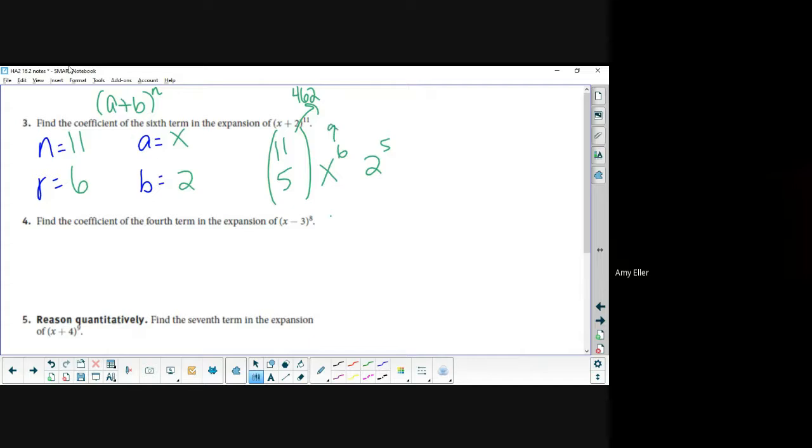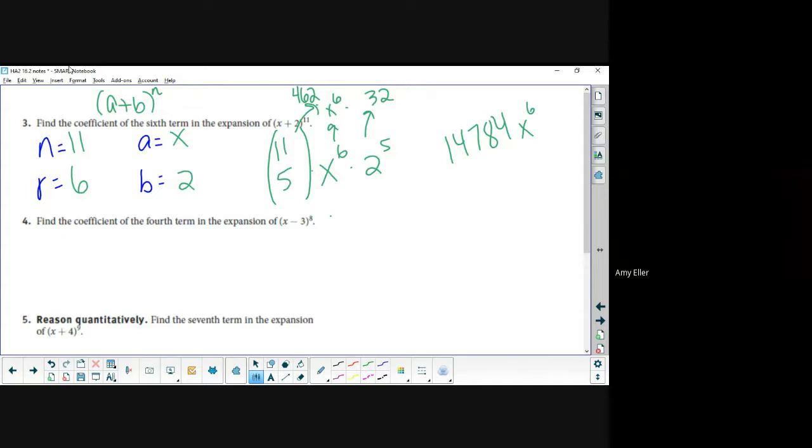X to the 6th doesn't really simplify. Let's simplify. 2 to the 5th is 32. Each of these were being multiplied, so they're still being multiplied. 462 times 32 is a large number. 14,784 x to the 6th.